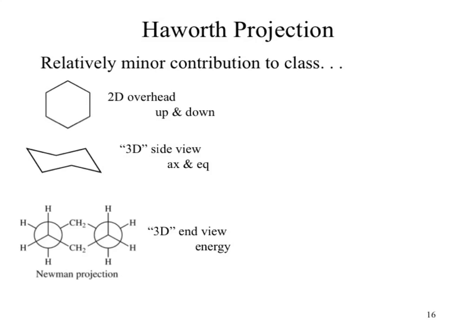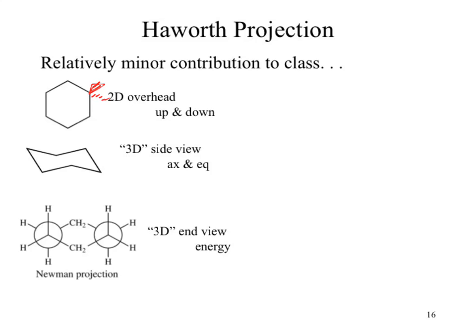So when we look at a cyclohexane or even cyclopentane or any of those, okay, with the cyclohexane, we've got the 2D overhead view. This gives us our up-down alignment. So we could draw in wedges and dashes over the top of this, right? Okay, we can say, oh, that one's coming at us, that one's going away from us. We can move to a 3-dimensional side view, and that's our chair.